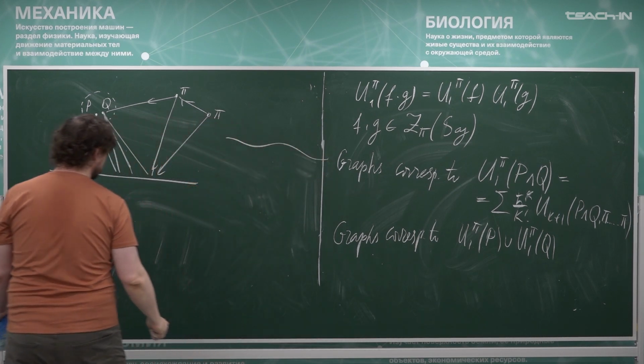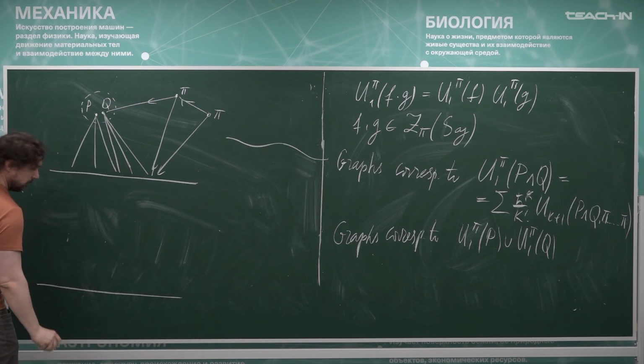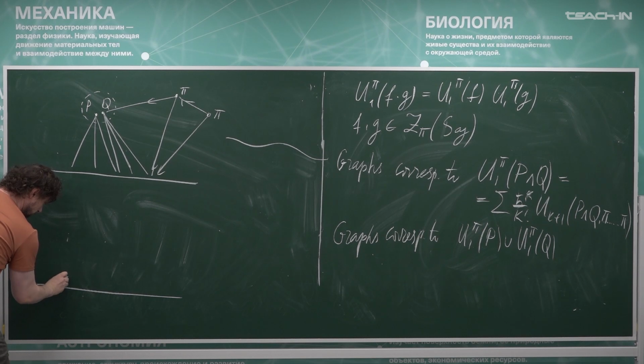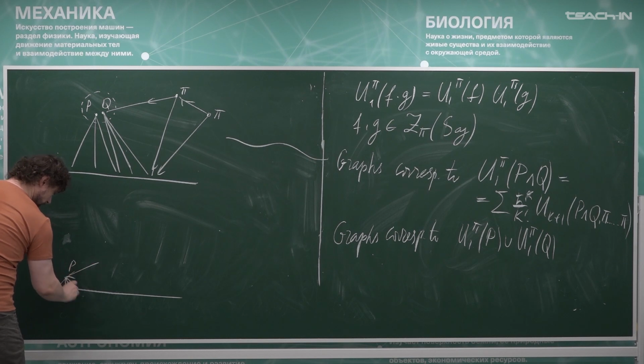The second graph will correspond to something like this. You'll have one point corresponding to p, which is very close to the boundary, right? And which is, well, acted on by some bivectors.